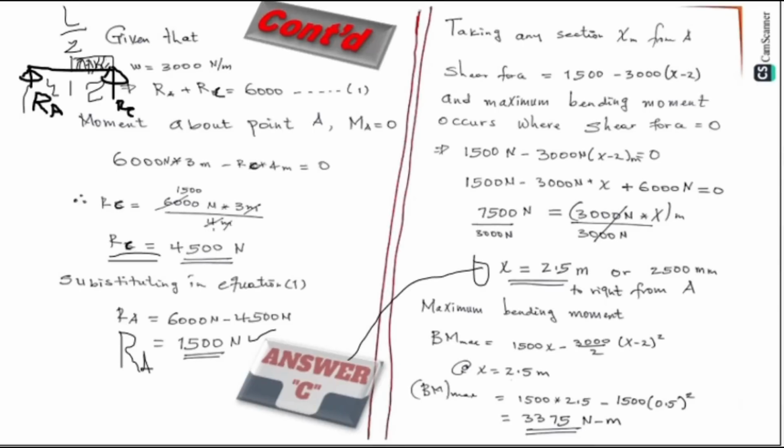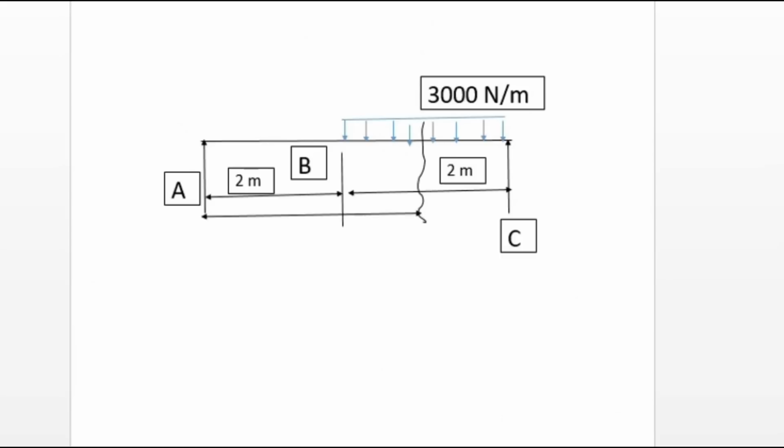Therefore, to calculate the point at which the maximum bending moment occurs, we have to take any section X from point A. We can take any section, and if we have this sketch that we have given, here we have point A, point B, and point C, and the load is 3000 Newton per meter, and we have the distances given from B to C, which is 2 meter, and from A to B, which is 2 meter also.